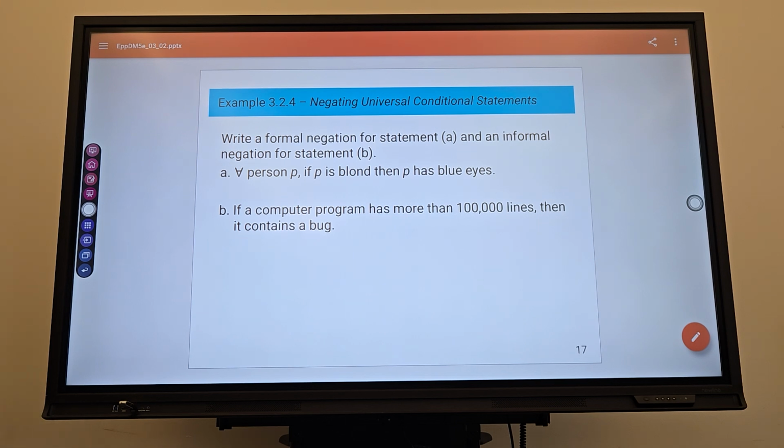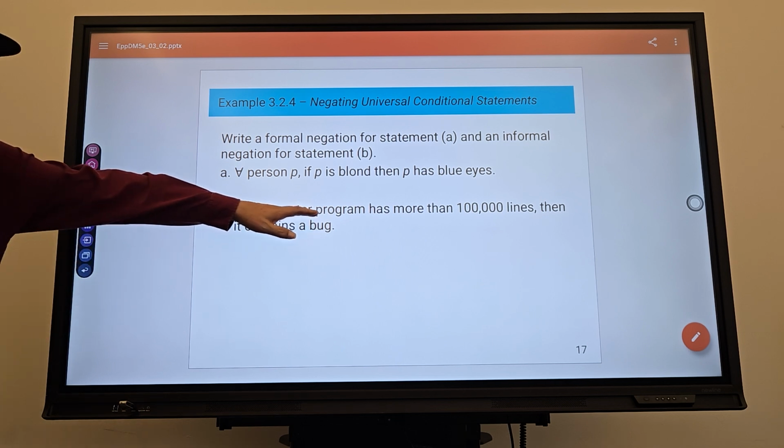The statement: if a computer program has more than 100,000 lines, then it contains a bug. I think that's always true. Anyway, the negation: there exists a program such that the program has more than 100,000 lines and it does not contain a bug.